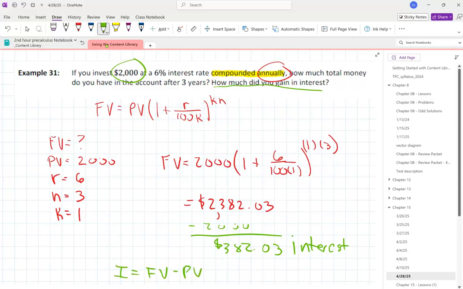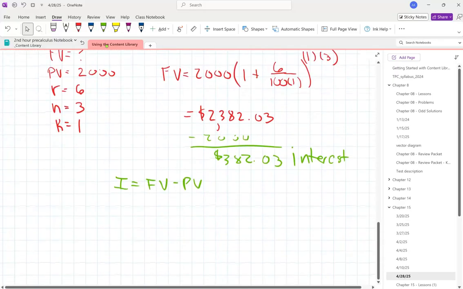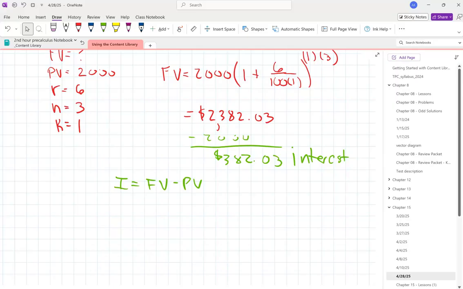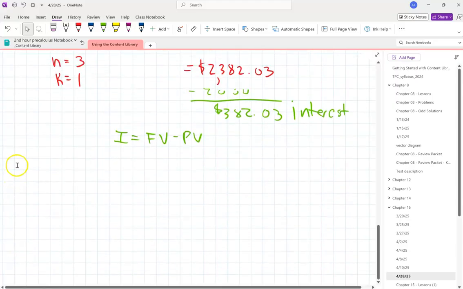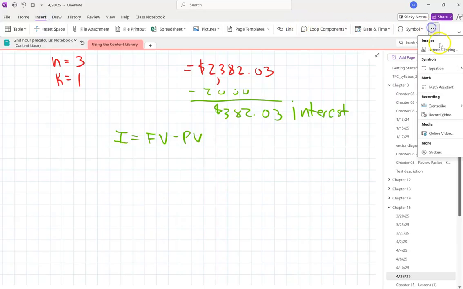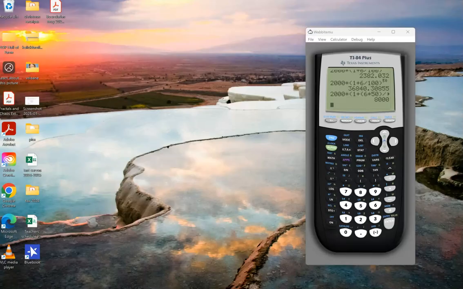In general, the interest is just your future value minus your present value. Everybody's okay there? And then I'll drop this in real quick.